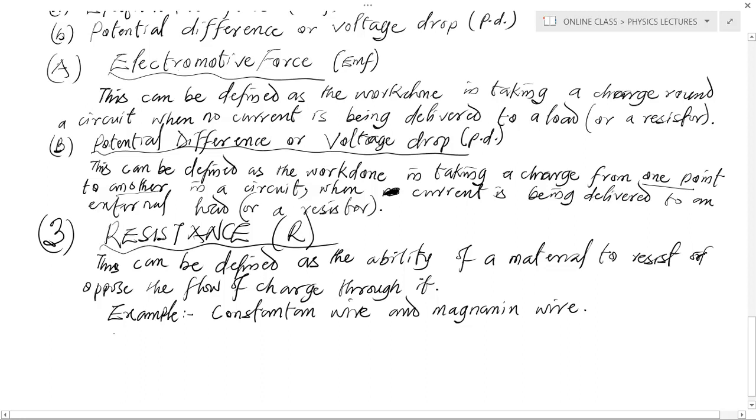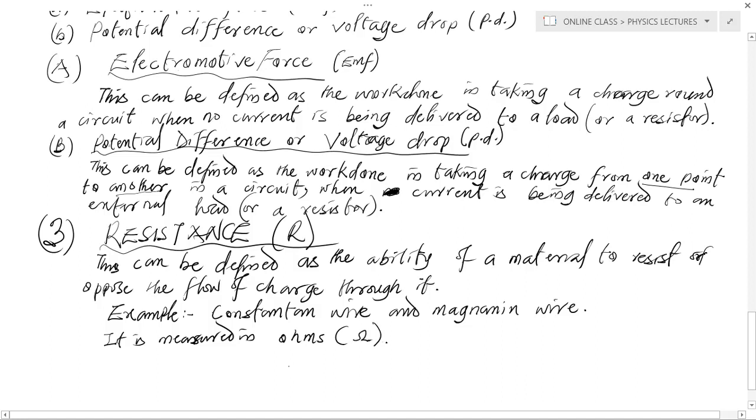Now, this is just it. Now, it is measured in ohms. We write ohms like this.